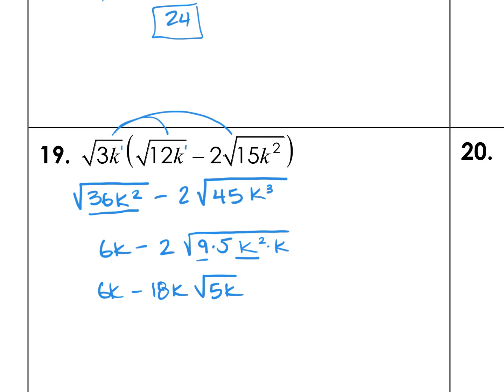And I multiplied that one wrong. That should be a 3. And as tempting as it might be to cancel these guys out, that square root of 5k makes it not like terms. So this is actually our answer.